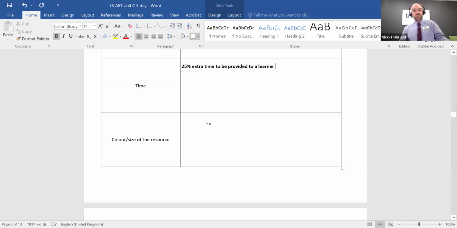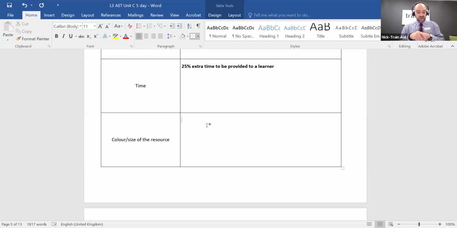The color and size of the resource. So this is perhaps thinking about the actual physical resource of the learner. So we could print handouts in a particular font, such as Comic Sans, which is going to help learners to be able to read the assessment paperwork as well. So don't be afraid of making changes to the test paper, to print it in a bigger font size, to use colored paper as well.